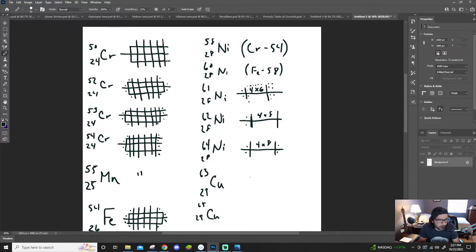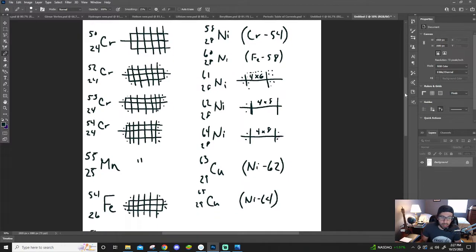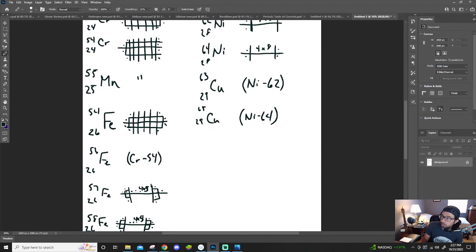So this one's going to just be nickel 62, the neutron arrangement of nickel 62 with more eddies. The neutron arrangement of nickel 64 with more eddies. And then that's it for copper.